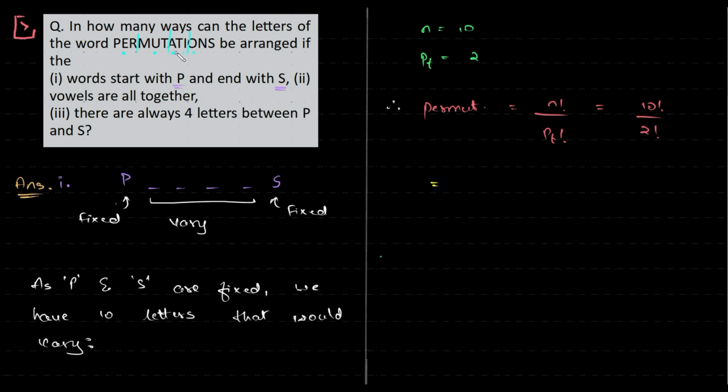But they're asking us to figure out, if the vowels are together, how many words do we have? So how do you solve this? Yes, we have to make groups, right? So out of 12, 5 are one group and the others are separate.